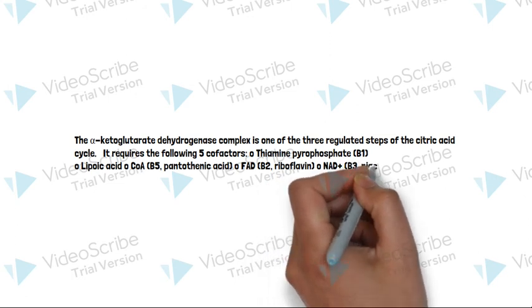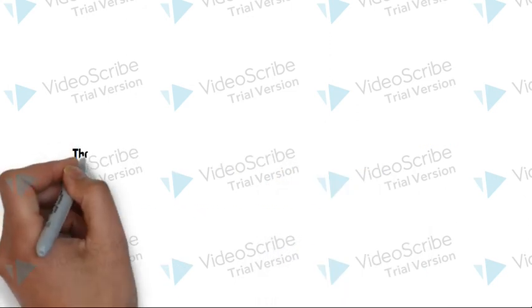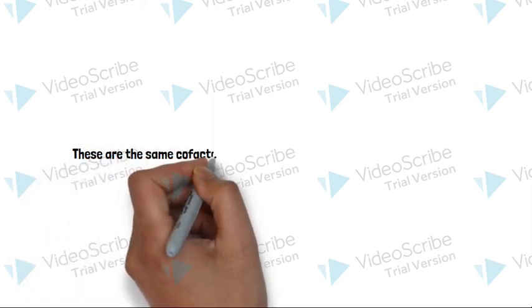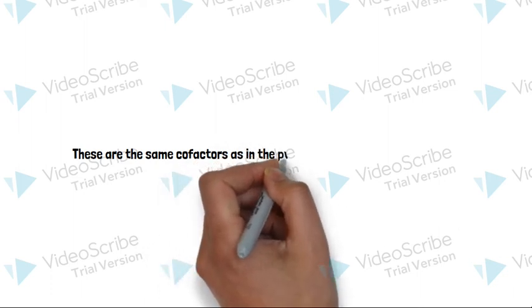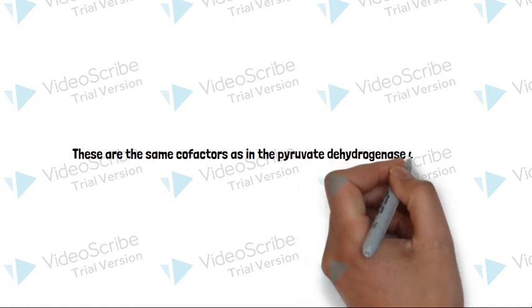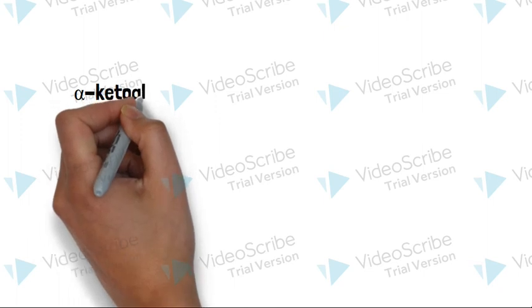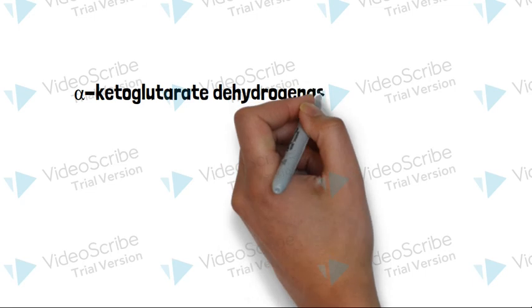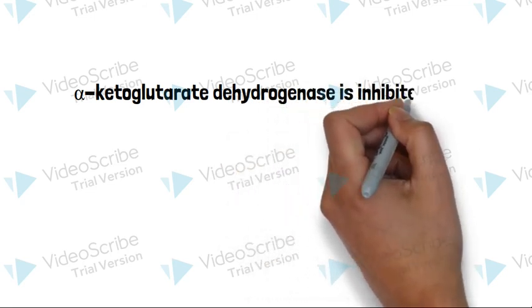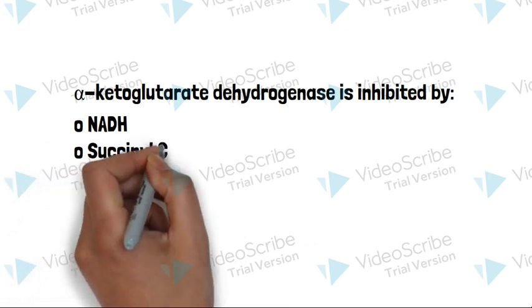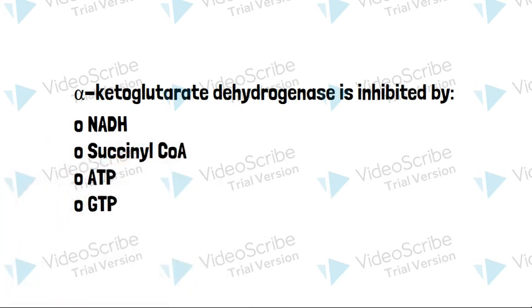Alpha ketoglutarate dehydrogenase can be inhibited by high levels of NADH, succinyl CoA, ATP, GTP. The Krebs cycle can stop itself when it has high succinyl CoA, NADH, ATP, GTP. It doesn't require any hormone, and when ADP is high, NAD is high, FAD is high, it can start itself.